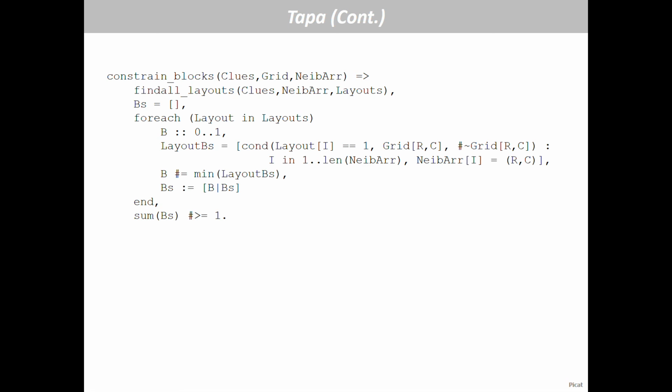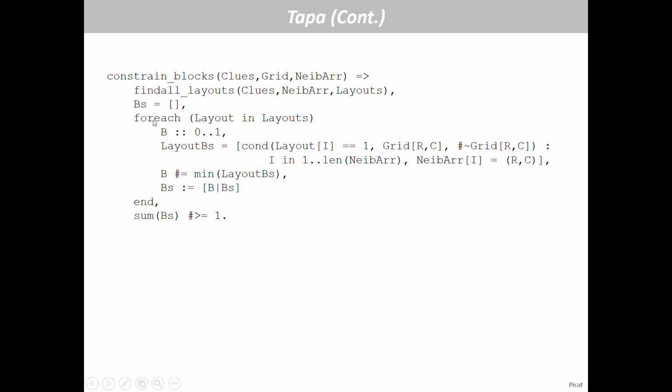So constraint blocks first finds all possible layouts, given the clues, and these are all the neighbors. It's like inside this search problem, there is another search problem. So find all possible layouts, and then at least one of these layouts is the real one.